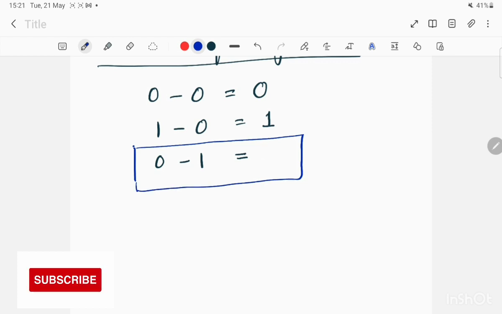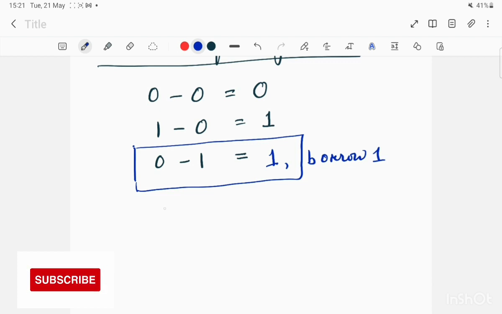What happens here? Obviously you know that you cannot subtract 1 from 0, because 1 is larger than 0, so we cannot subtract in a straightforward manner. So in that case, we will consider the result as 1, but with 1 as a borrow. How it is implemented in practical examples, we will learn while solving some examples.